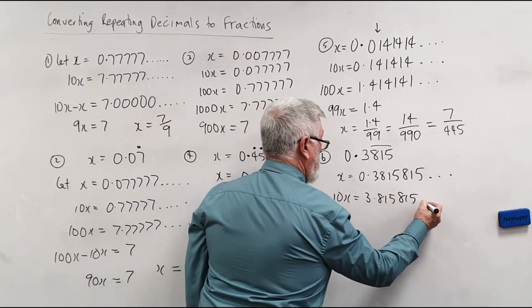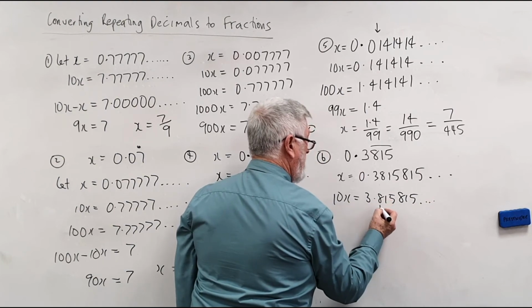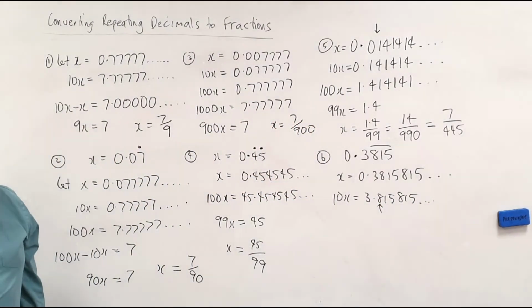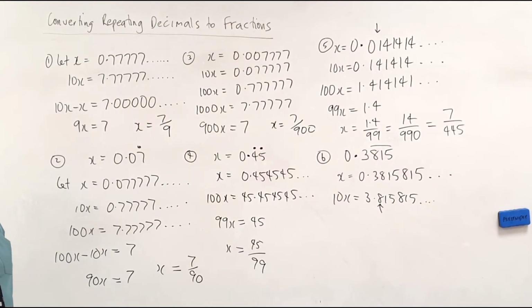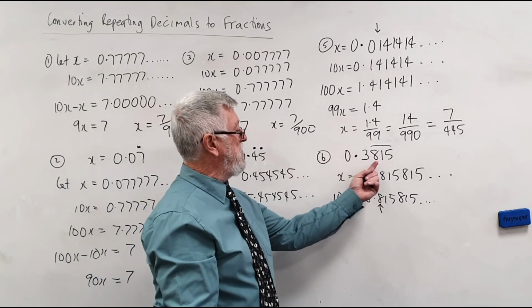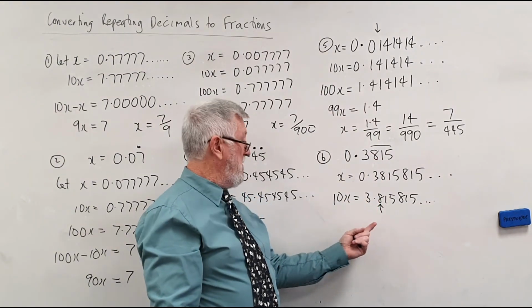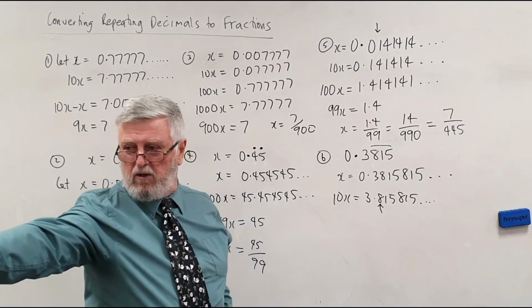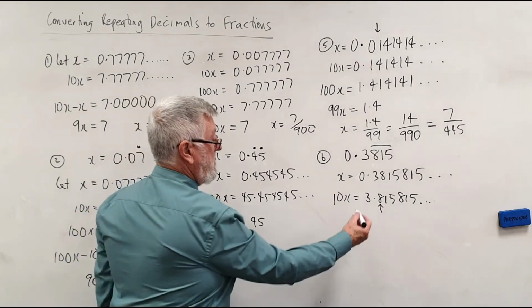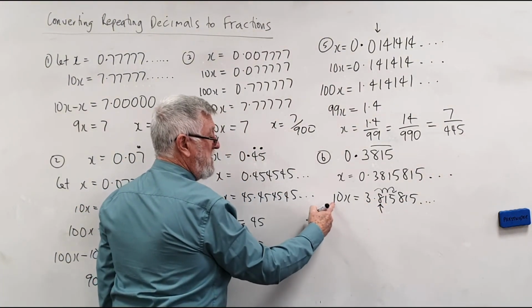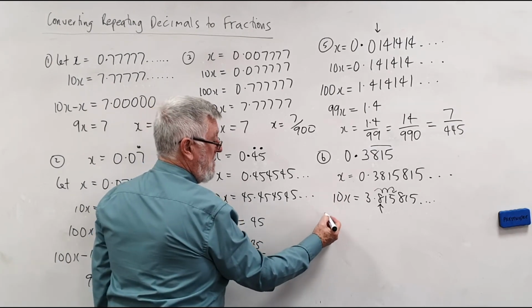Now the goal is to have the first number of the repeating section as the first decimal. And then, how many more decimals do we have to jump? 3. So 1,000's only going to jump an extra 2. So go 10,000.